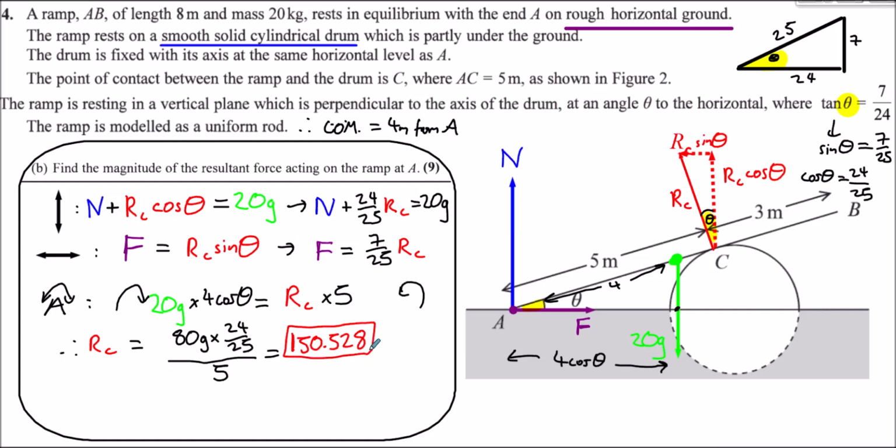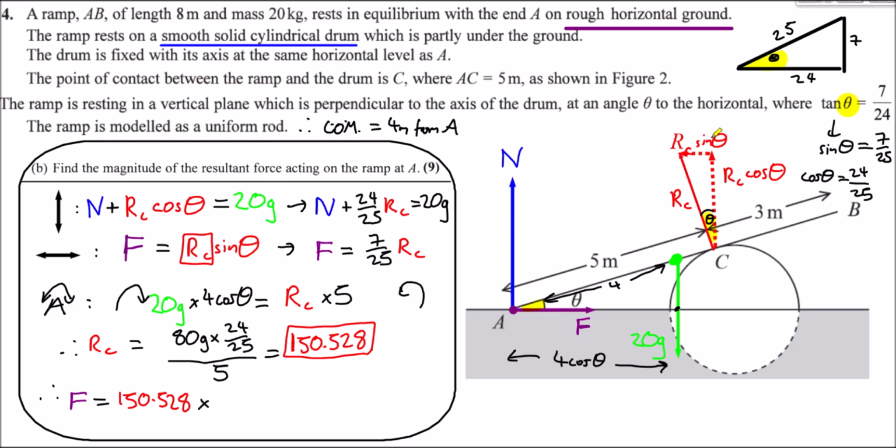We can then work out from that the normal reaction, and indeed the friction. So the friction will be RC sine theta. I know what the reaction at C is now, so that's going to be 150.528 multiplied by sine theta, which of course we were told.